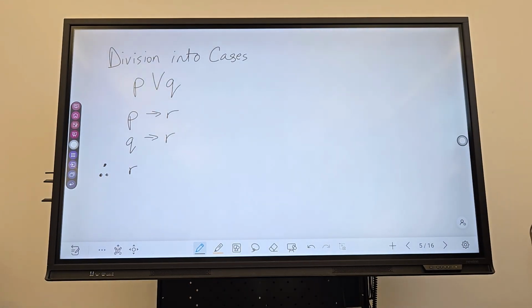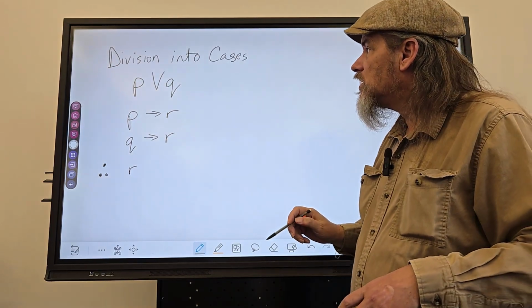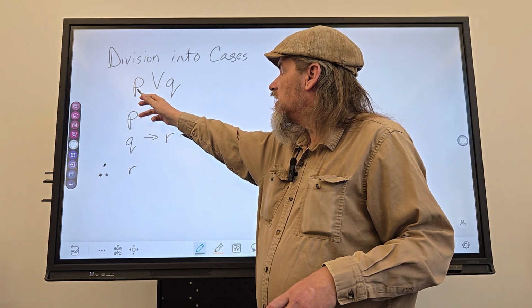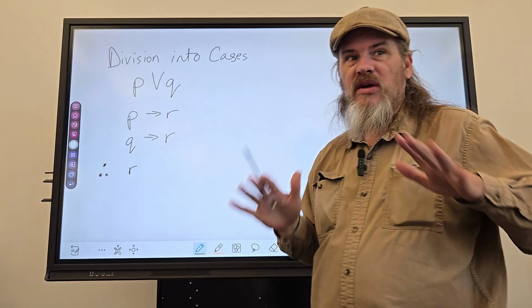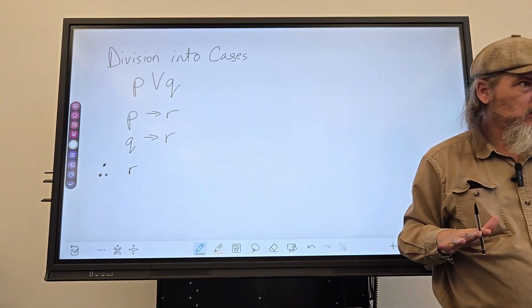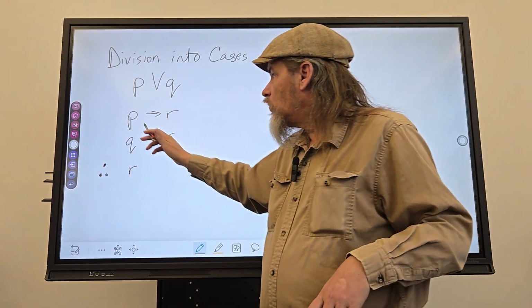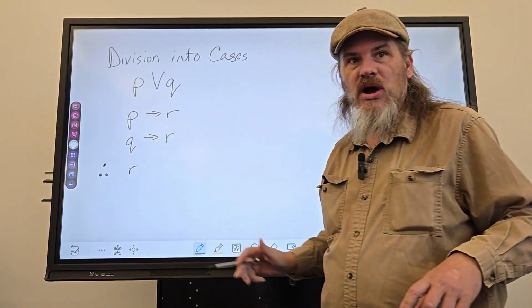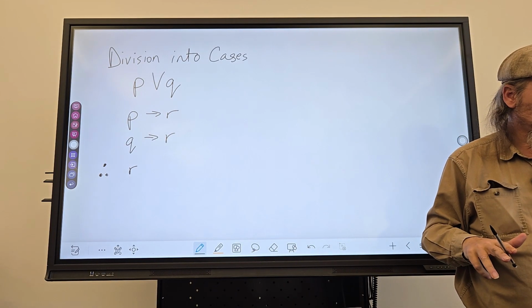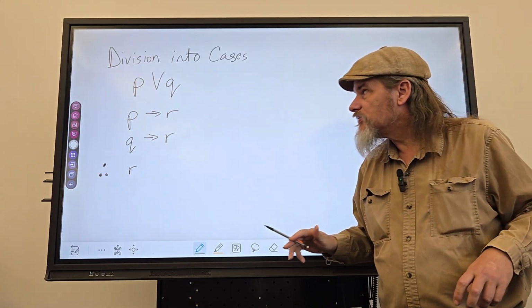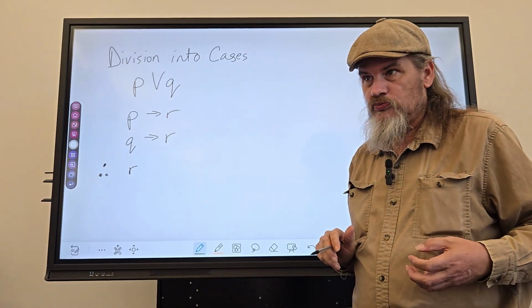This is a little bit more involved, but what we have here is a situation where P or Q is true. One of them has to be true. And whichever one it is, R must be true.